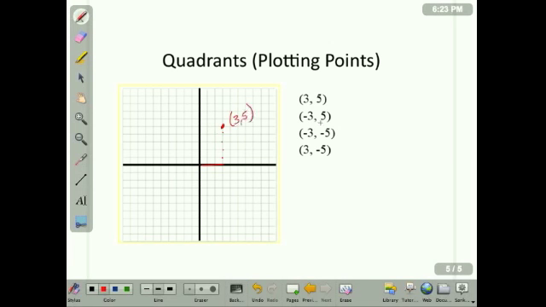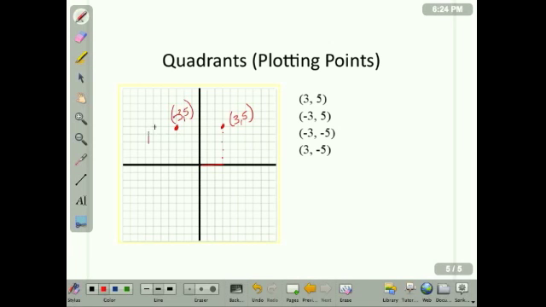If I wanted to go negative 3, 5, I'd move to my left 3 units, 1, 2, 3, and then up 5, 1, 2, 3, 4, 5, and that point there would be at negative 3, comma 5.